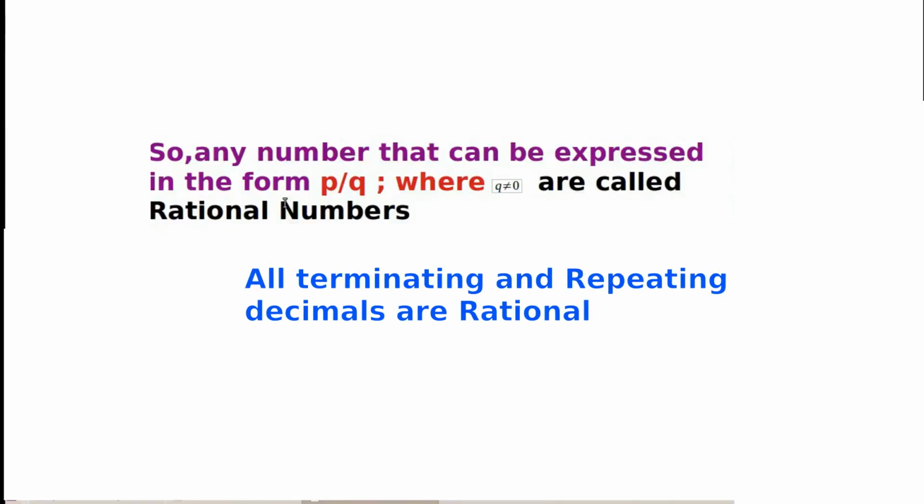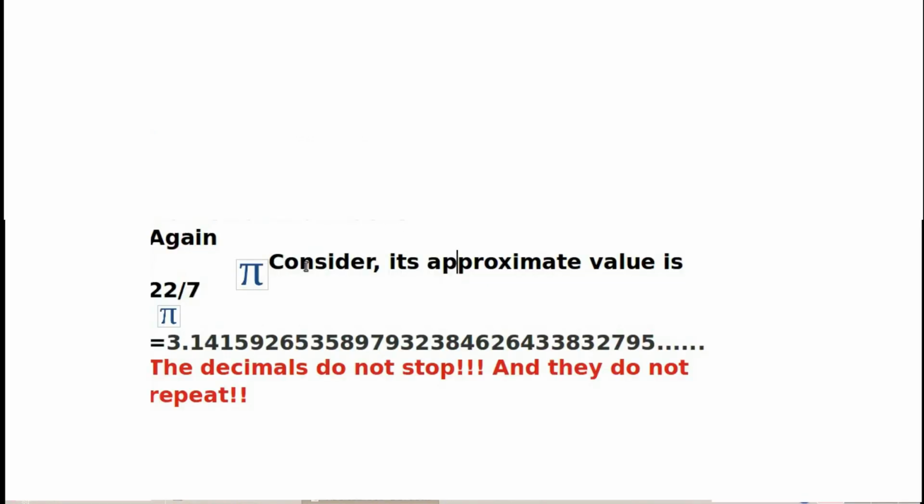So, any number that can be expressed in the form P by Q, where Q is not equal to 0, is called a rational number. Once again, any number that can be expressed in the form P by Q, where Q is not equal to 0, is called a rational number.